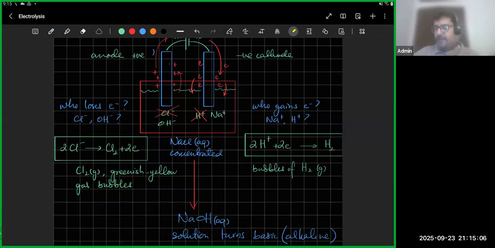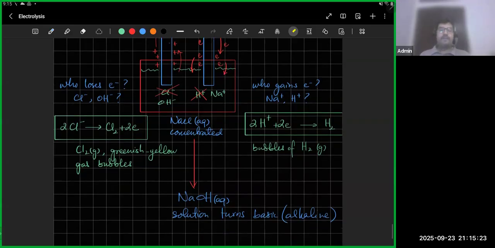And when they ask about the equation, you have to write the equation in that case. Okay? And the third thing they're looking for is the changes that are happening in the solution. So your Cl and H are gone, so you're left with NaOH. So that means NaCl aqueous has now turned into NaOH aqueous. Okay? Is this clear?